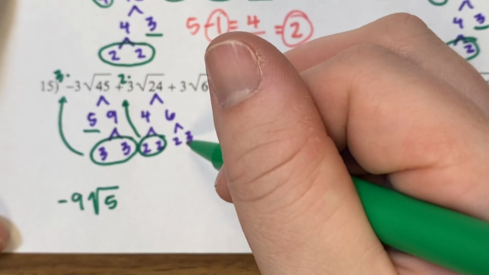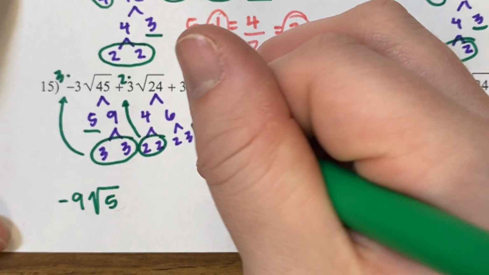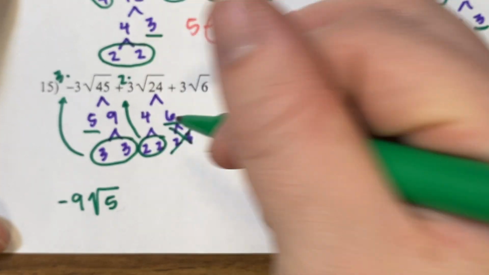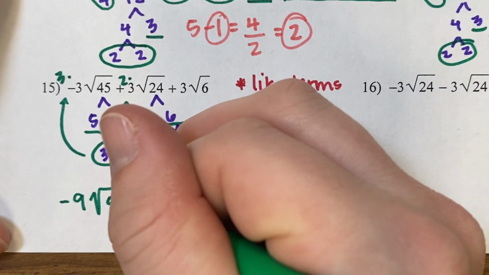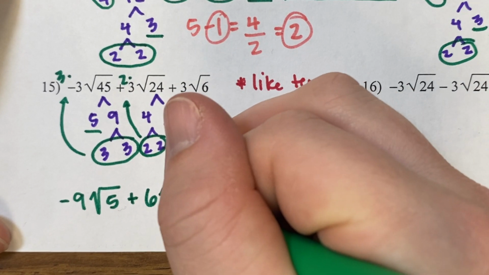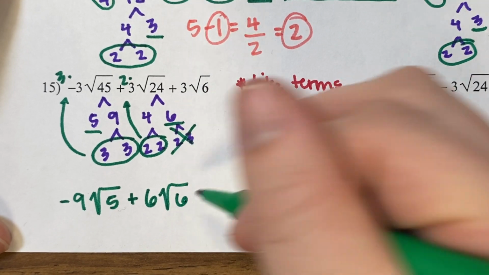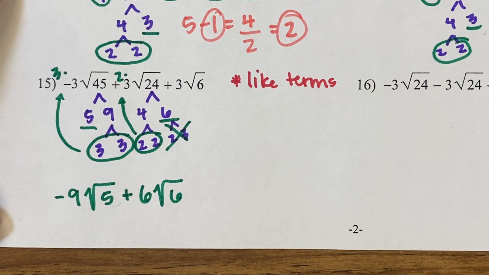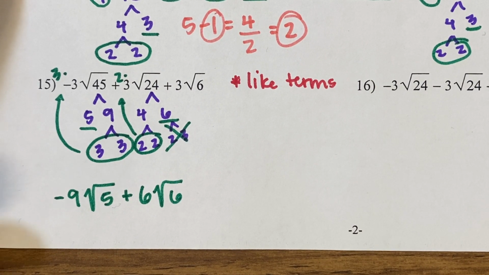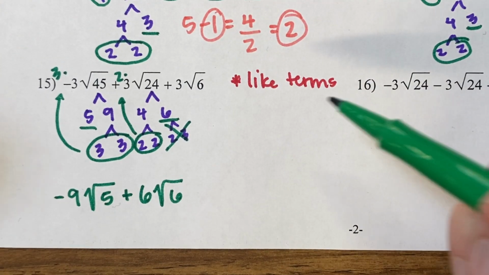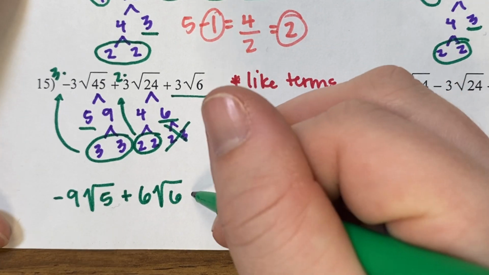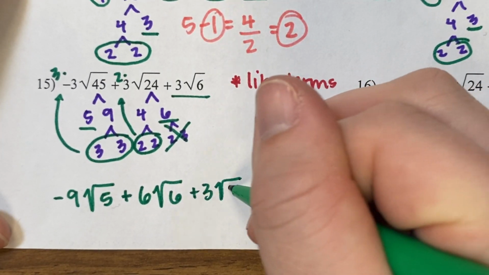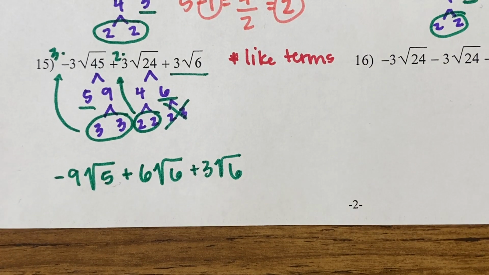Okay, 2 and 3, they can't come out, so guess what? They just turn back into that 6. Okay, so now I have 2 times 3, positive 6, root 6. I had to stay inside. Okay, well, we just saw that 6 can't be broken down to find a pair, so this guy cannot be simplified. So he just stays plus 3 root 6.